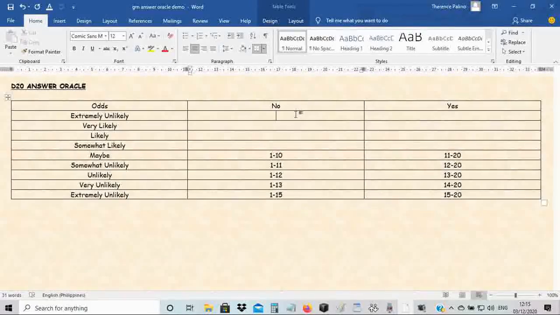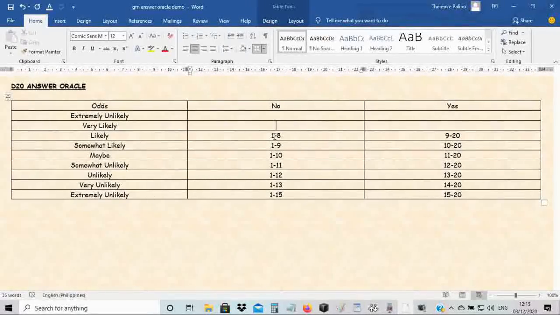And next, let's start with the higher likelihood. Somewhat likely will be 1 to 9, and yes will be 10 to 20. Next is likely, and that'll be 1 to 8, and yes will be 9 to 20.